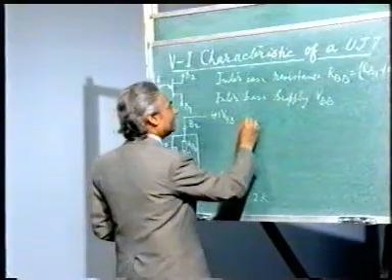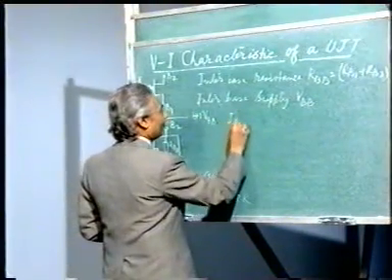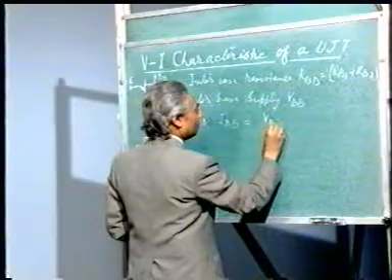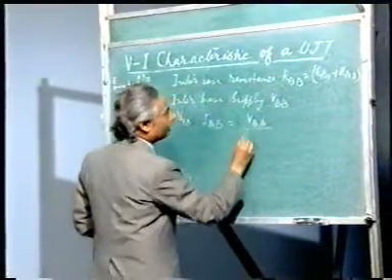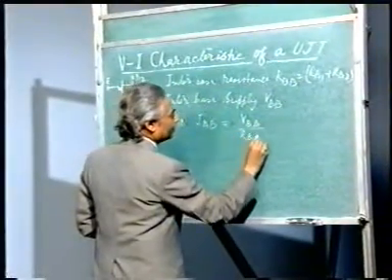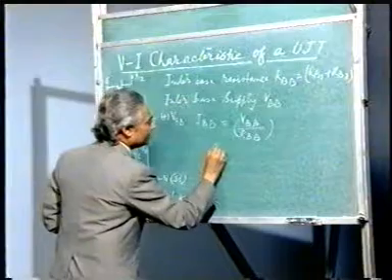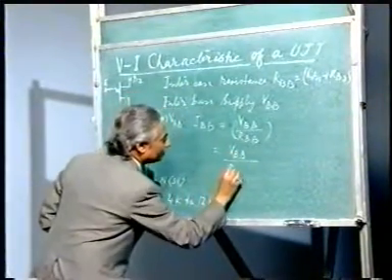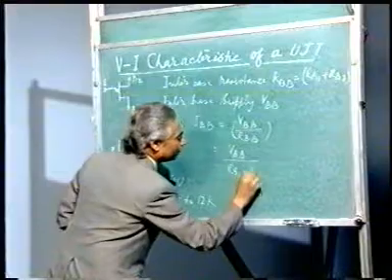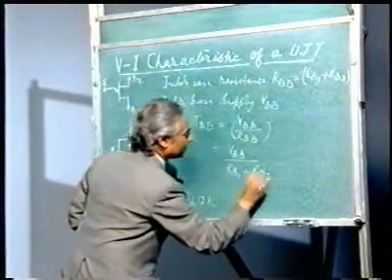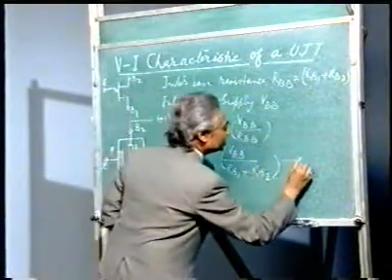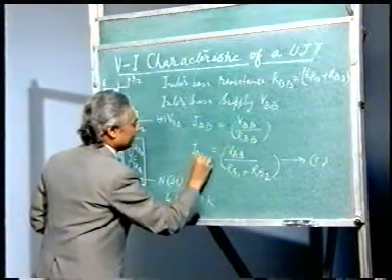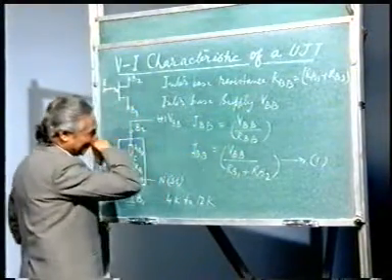The current, say IBB, will be equal to the supply voltage divided by total resistance RBB, which is equal to VBB upon Rb1 plus Rb2. Suppose this is equation 1. This is the value of interbase current IBB.